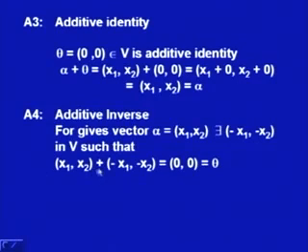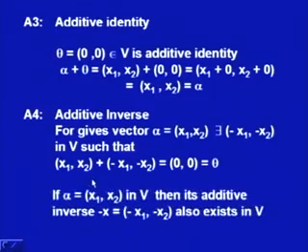So for given x1, x2 we have minus x1, minus x2 in V, it is in V because x1 and x2 are numbers, and if x1, x2 belong to R, minus x1, minus x2 also belong to R. So inverse of (x1, x2) is (minus x1, minus x2). So for given vector alpha there exists its inverse. So this way additive inverse exists in V for all alpha given in V.